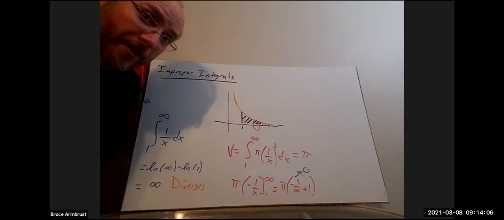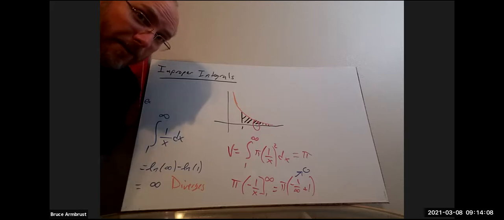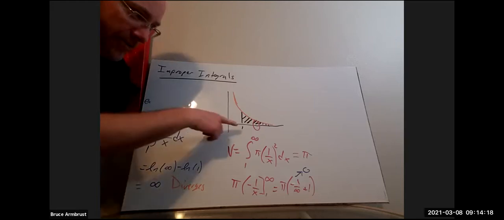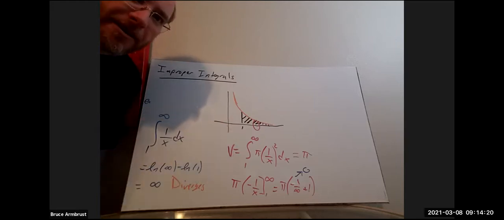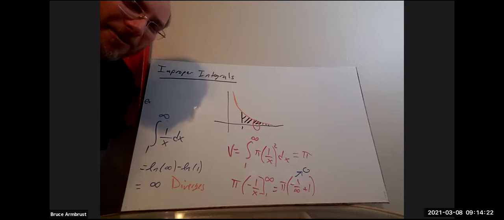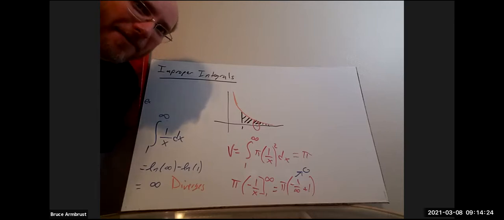Infinity's weird. Infinity's incredibly weird, and all kinds of strange things happen when you deal with infinite integrals. This shape, actually, this volume, it sounds kind of like a black hole. Yeah, maybe, I don't know. But black holes are definitely weird things too.